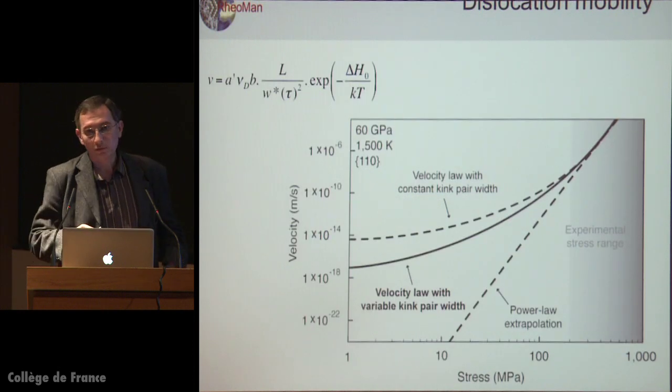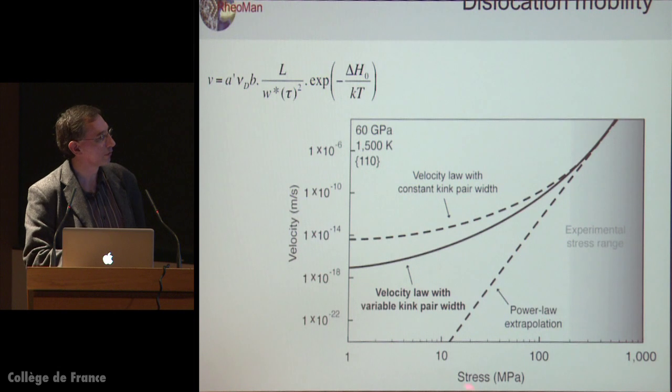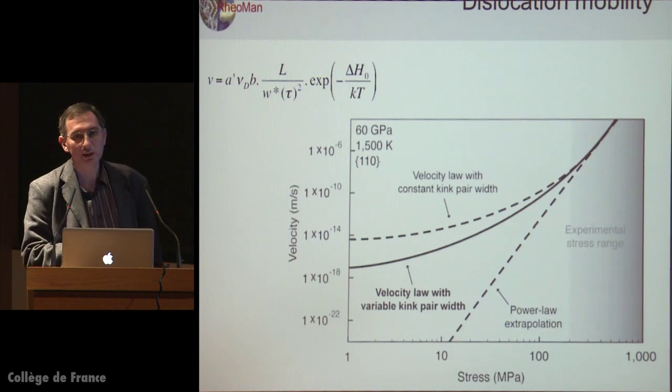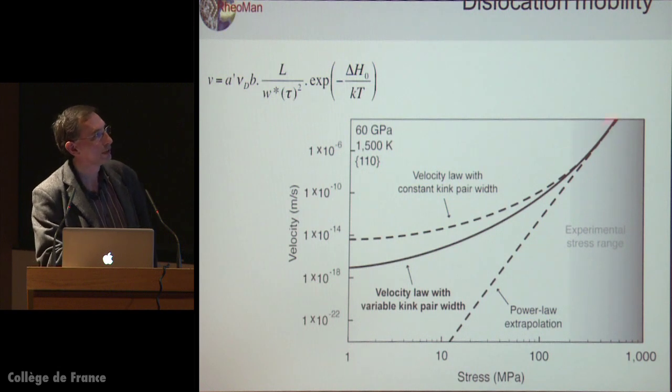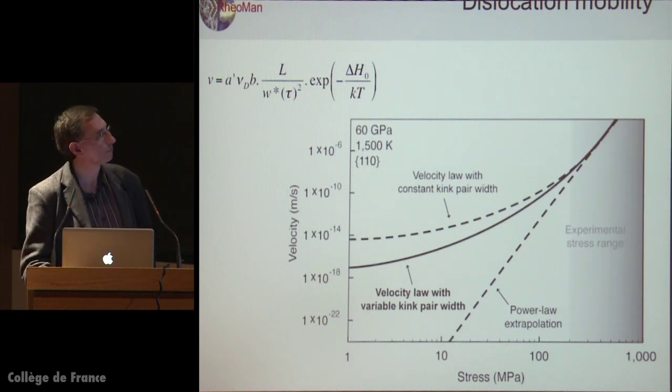If we look at the shape of this law, and if we make the same log-log plot, this is the velocity of a single dislocation, this is stress, you can see that it's bending, it's not a straight line, it does not behave as a power law. Of course, in a limited range of stress, you can have this straight portion, but if you extrapolate, of course, the extrapolation will be different, so we need to take that into account.